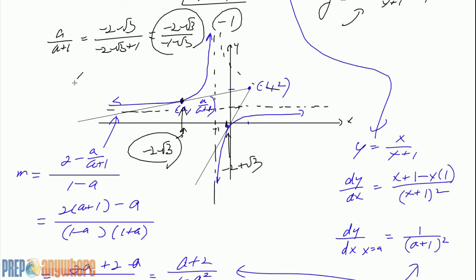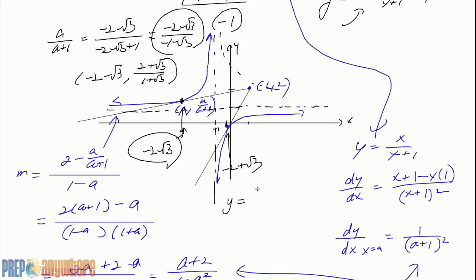Maybe I'll just write it out to make it look neater. Note that I can multiply top and bottom by negative 1. I get 2 plus root 3 over 1 plus root 3. Now for the other point, again for the y-coordinate, I can plug in here.